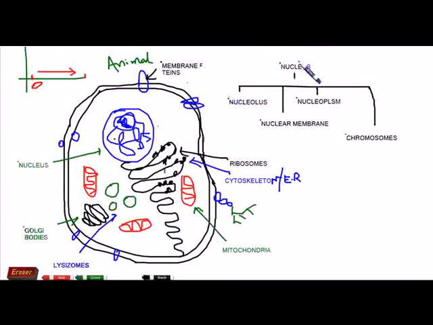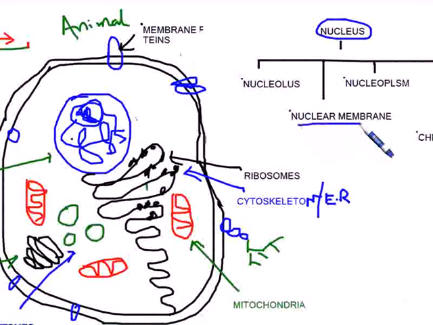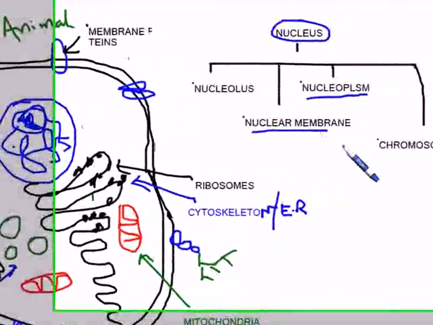So it has its own membrane, which is a bilayer, and it has a nucleoplasm. That means it has a matrix too, like cytoplasm. Actually, it is a part of the cytoplasm which is enclosed by another type of membrane, the nuclear membrane.